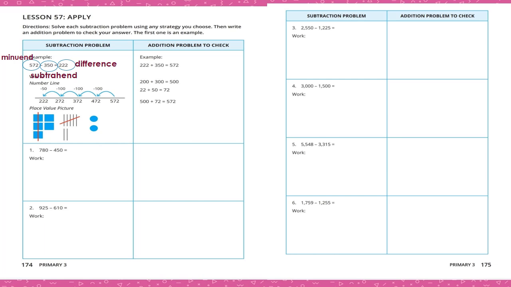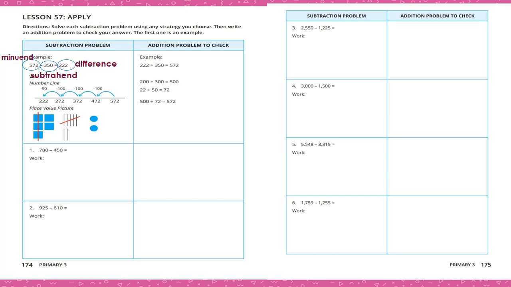To check your answer, you should make the difference plus the subtrahend. So, make 222 plus 350 equals what?